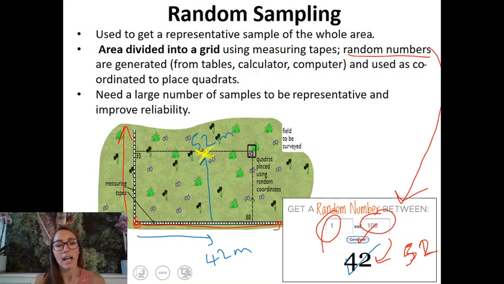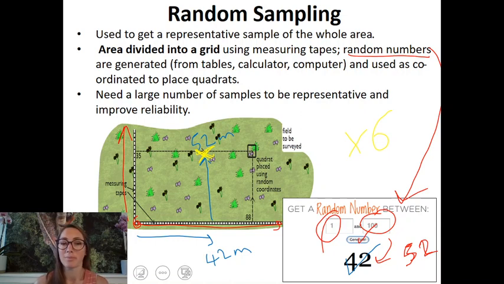Okay, I can place my quadrat, and I can then count the species richness. I would then repeat this a number of times, so generally I'm going to be repeating this for the students' t-test 6 times, and then I've got 6 data pieces for that particular area, and they're all random.